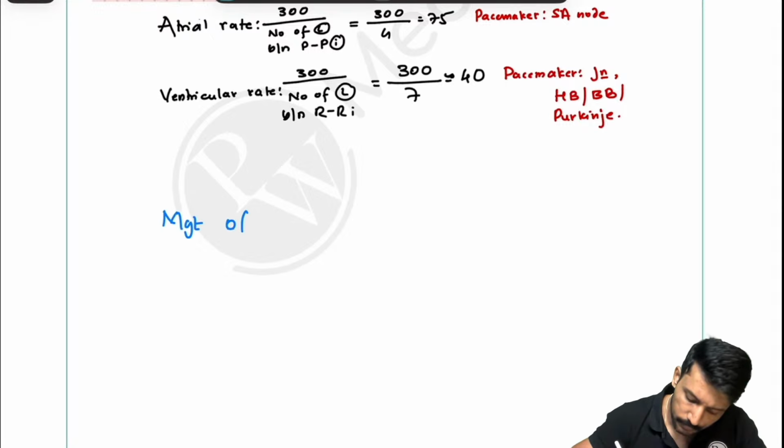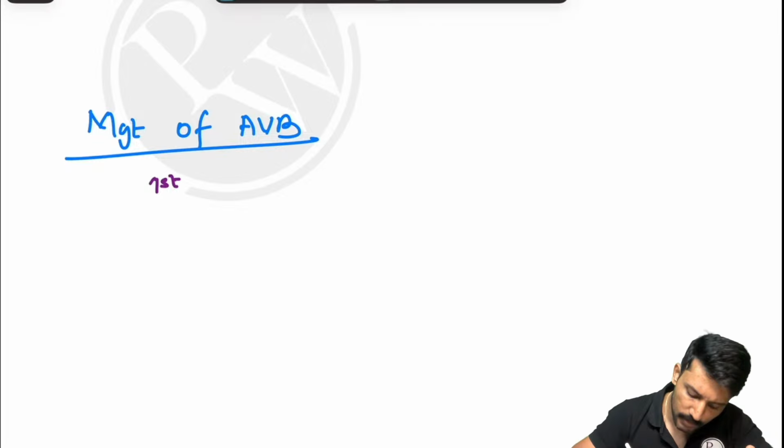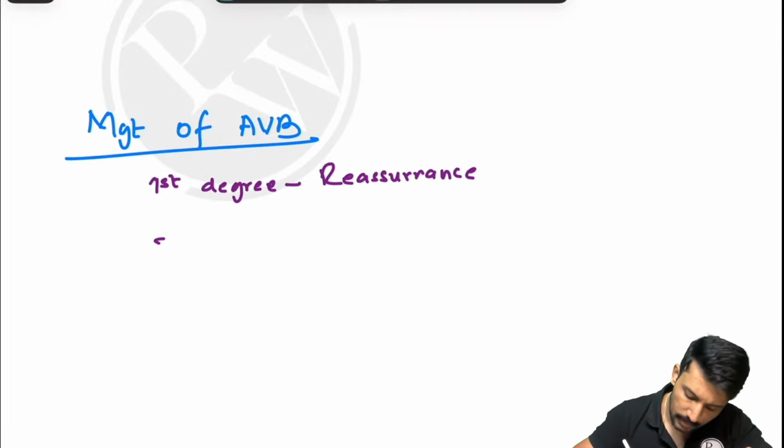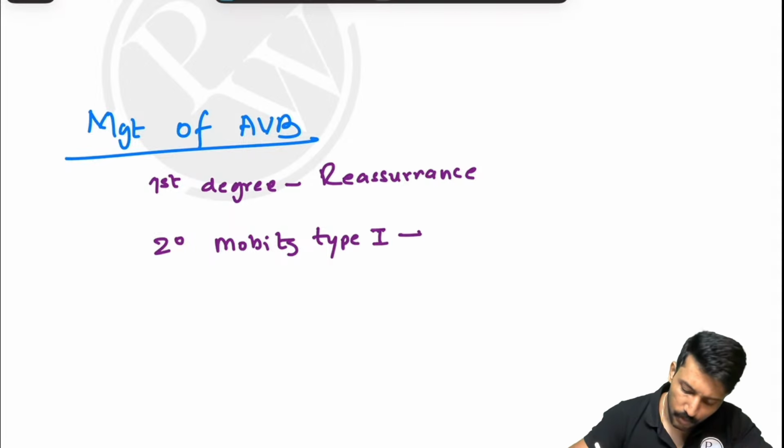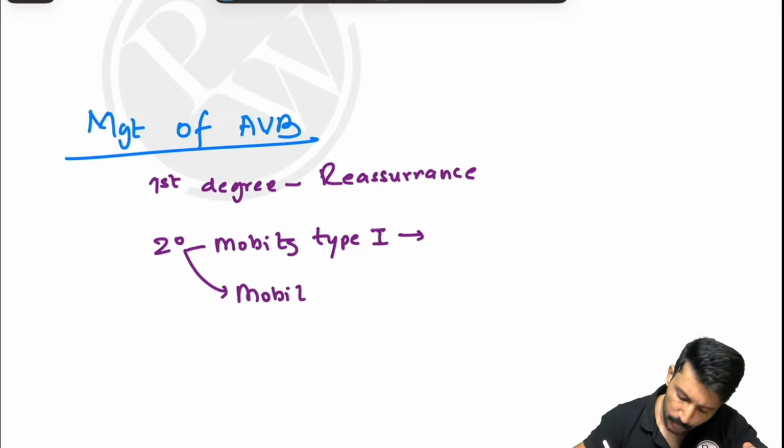Management of AV blocks. So remember, when we are managing AV blocks, the first degree is usually asymptomatic. First degree, all we have to do is reassurance. And then second degree Mobitz type 1, we don't need to always treat them, but second degree Mobitz type 2 and complete heart block, which is also called third degree AV block, should always be treated.